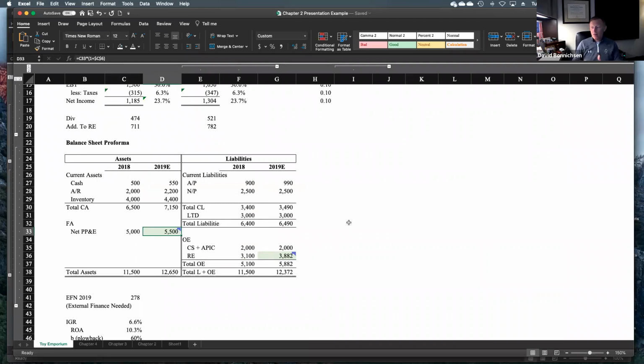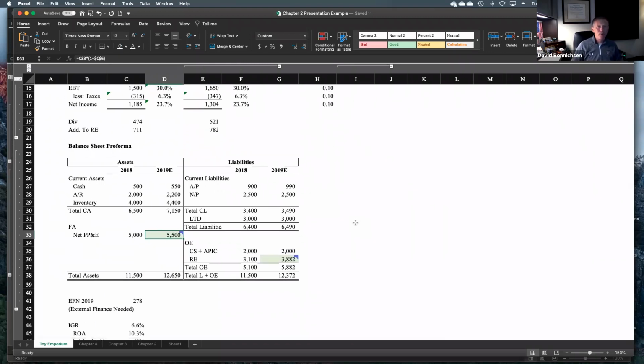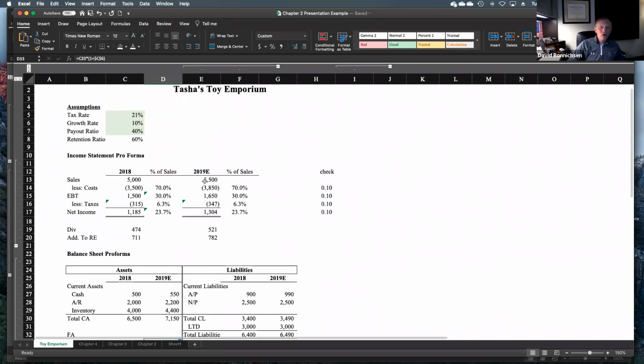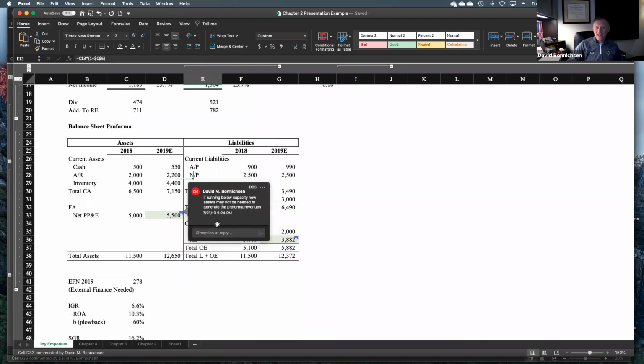Okay, so again, management decision as it relates to production capacity utilization. In the case of Tasha, if she's continuing to operate below her 6,250 100% capacity utilization, then we don't need to add new fixed assets.